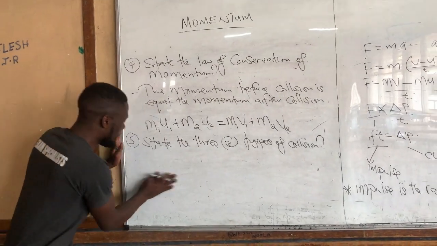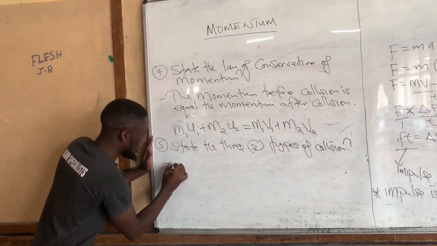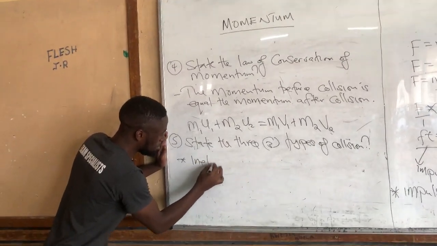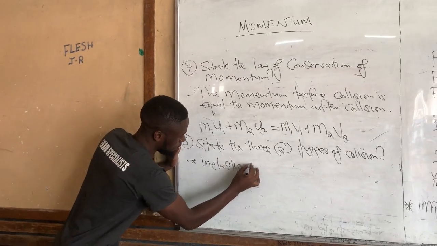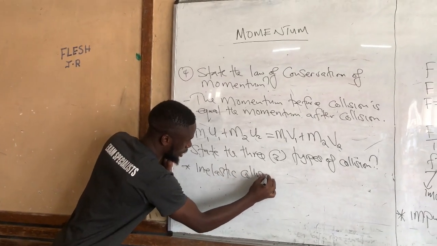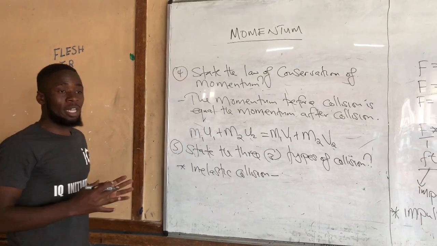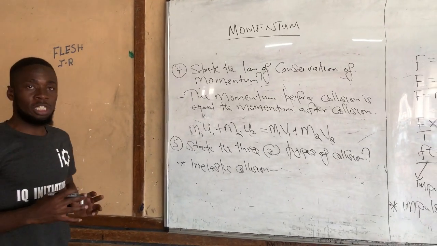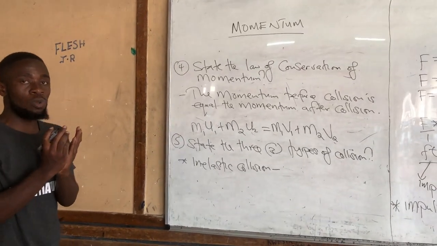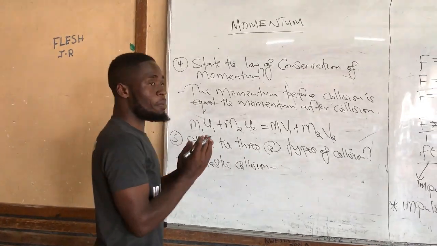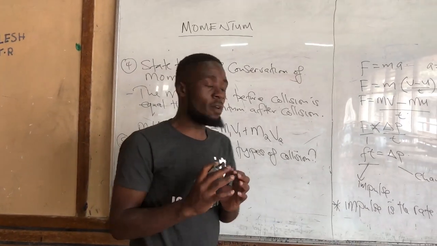So we have the first type of collision here: inelastic collision. What is this collision? Inelastic collision is a type of collision where bodies stick together after collision.